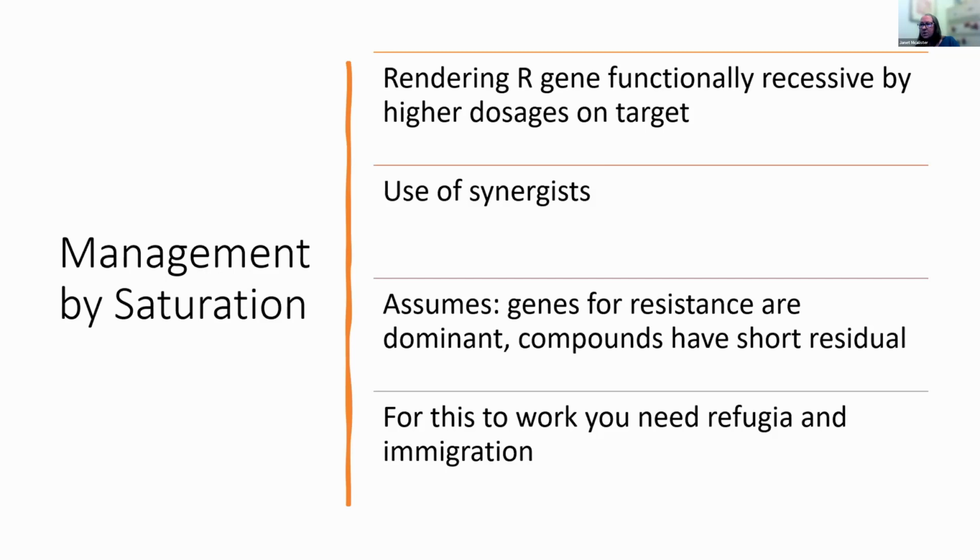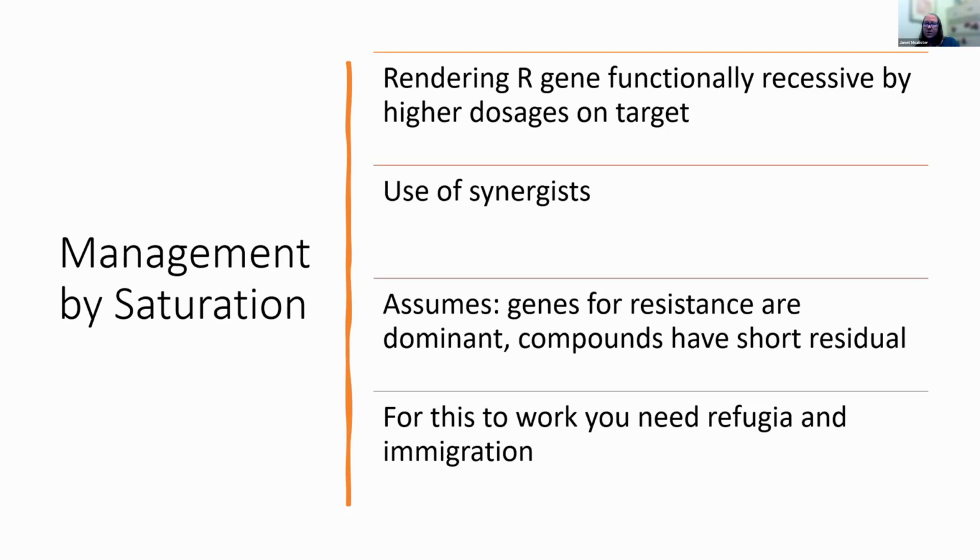This assumes that the genes for resistance are dominant and the compounds that you're using have short residual actions, which is not necessarily the case for some of the malaria control and other vector control that needs to be done when you're using wall spraying as a strategy or when you're using nets. And again, for this to work, you need refugia and immigration.